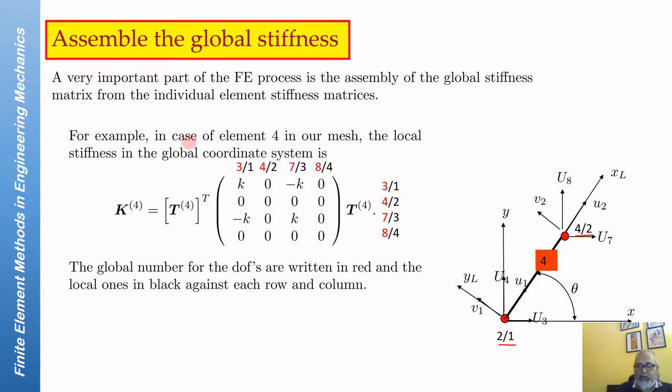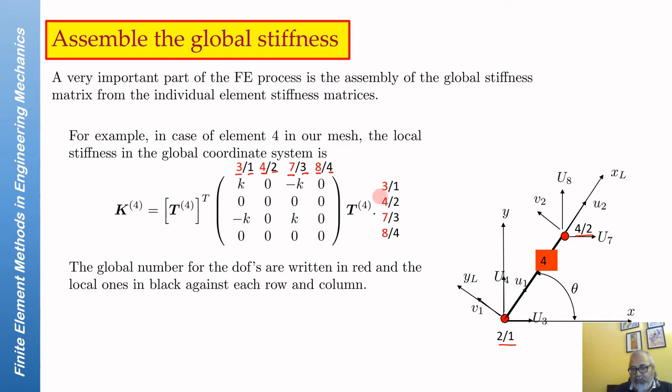So I do this kind of associativity. The reds are the global degree of freedom numbers. The first one is for local number 1. This is K11, and this is associated with global degree of freedom number 3. Similarly, local 2 is associated with global 4, and I do that along the rows. 7 is associated with 3, 4 is associated with 8.